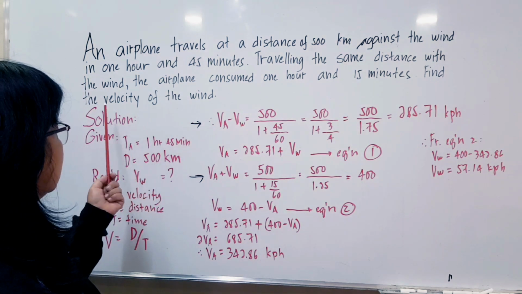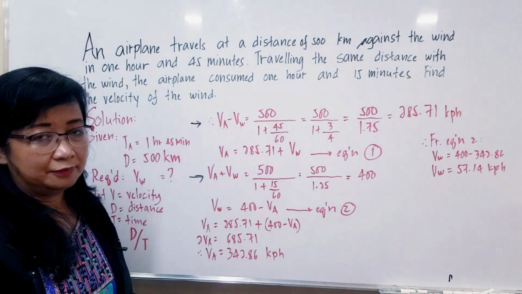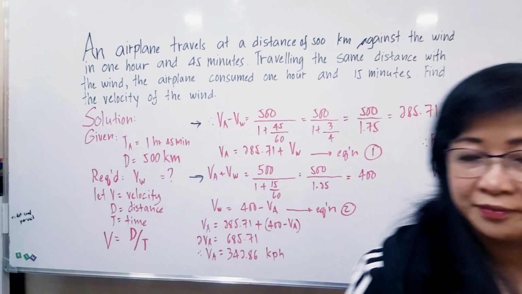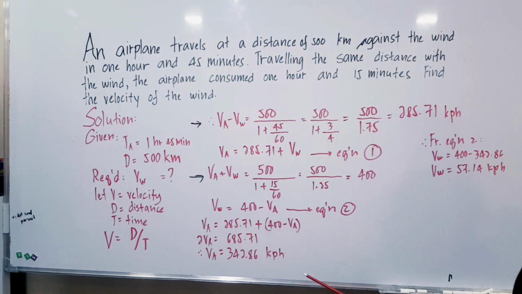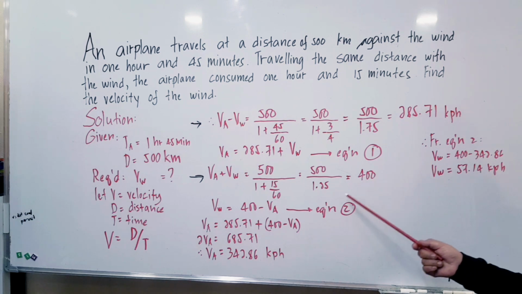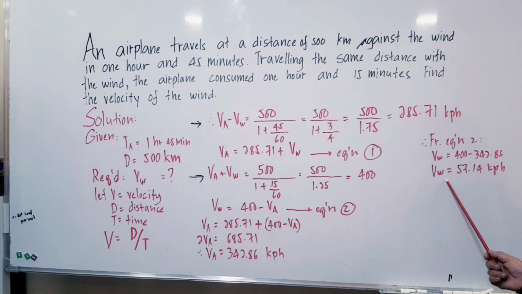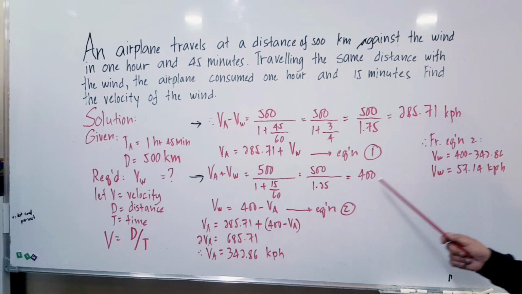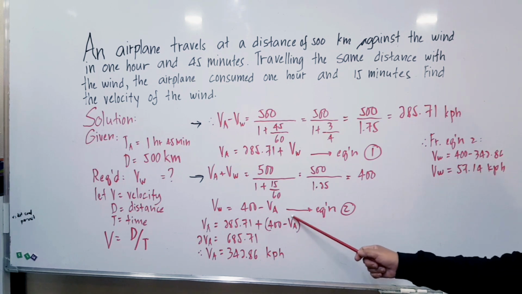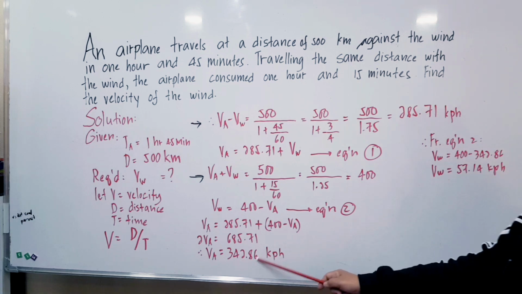Pero, ang kailangan natin dito is find the velocity of the wind. That is the VW. So, we can substitute from any equation. So, we have the given VA. So, you can substitute from equation 2 to solve the velocity of the wind. Therefore, from this equation, which is equal to 400 minus 342.86, this is the VA.